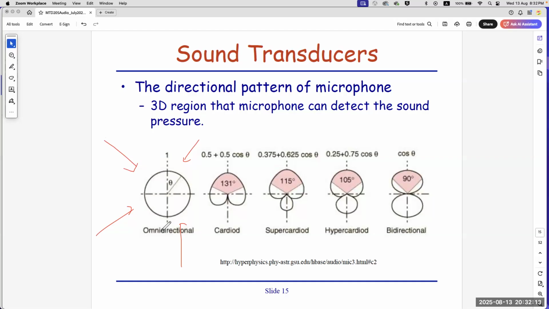But some microphones, or even handphones, may only pick up well in one direction, within this region. Behind it, it cannot receive.